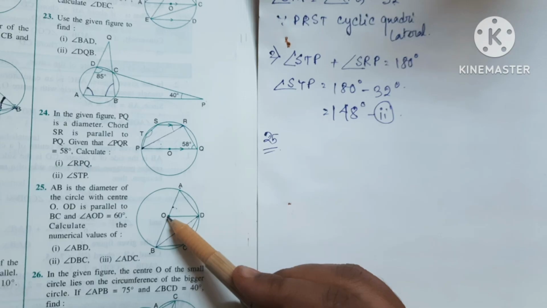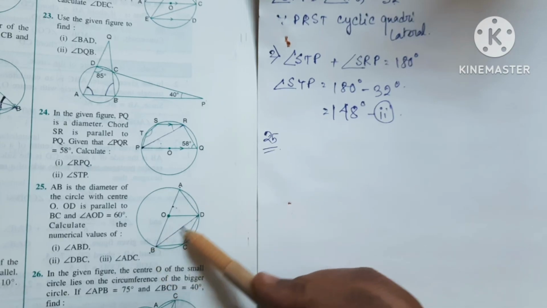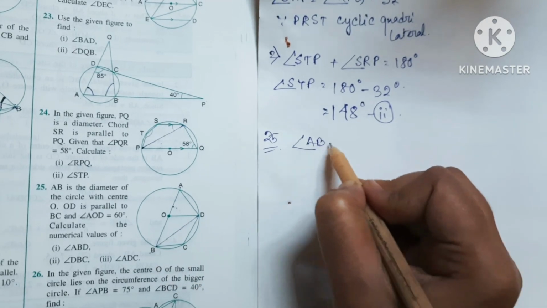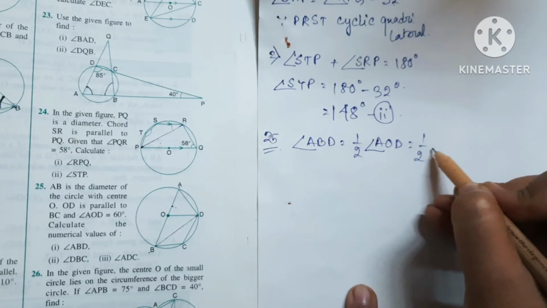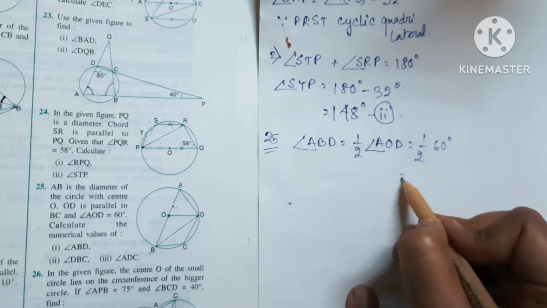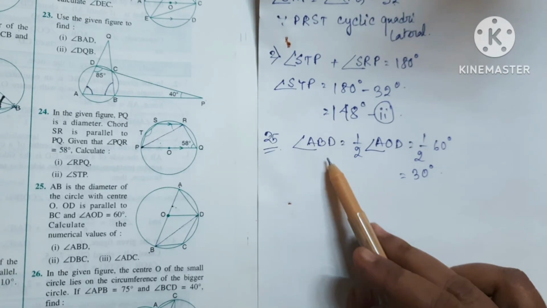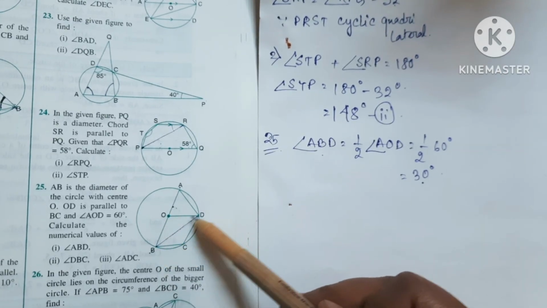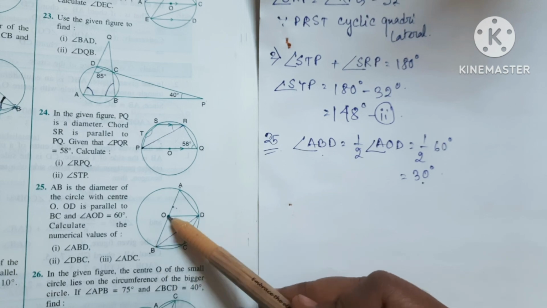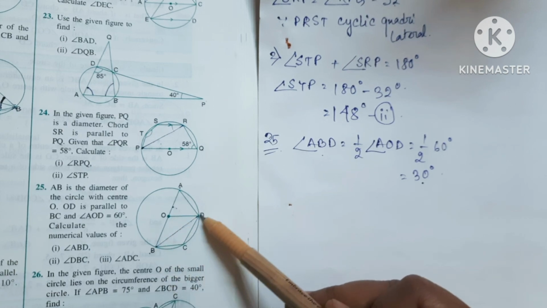One is at the center and another one is at the circumference. So angle ABD is half of angle AOD. So that will be half of 60 degree. So it will become 30 degree. Okay. Now see this triangle OBD, OB is equal to OD because they both are radius of the same circle.